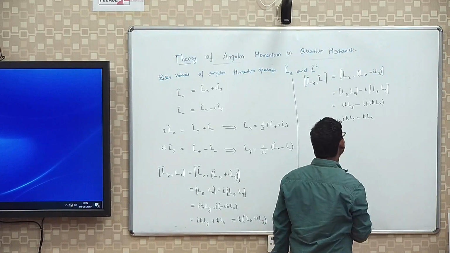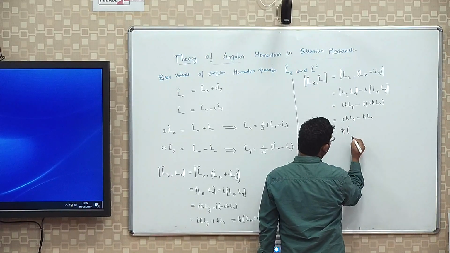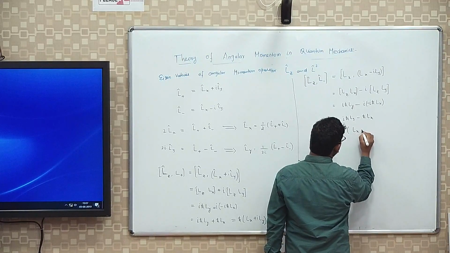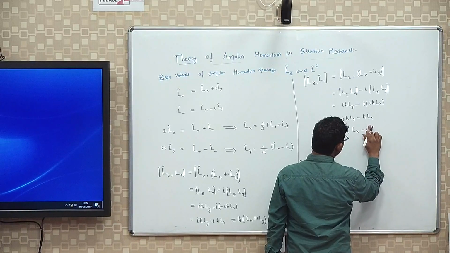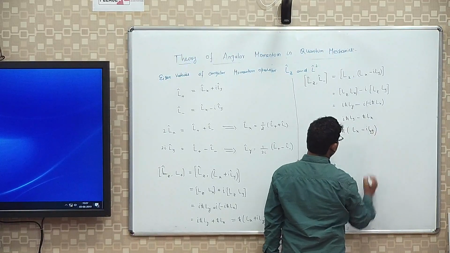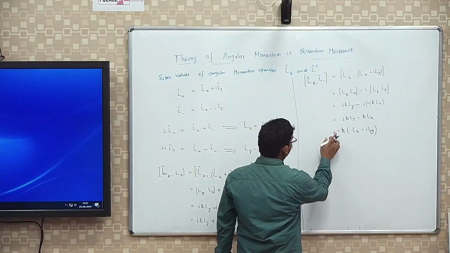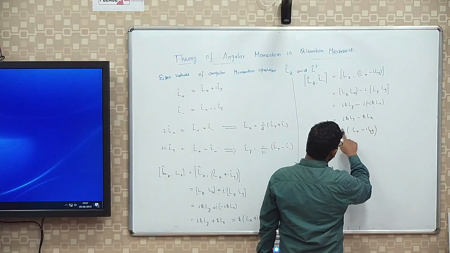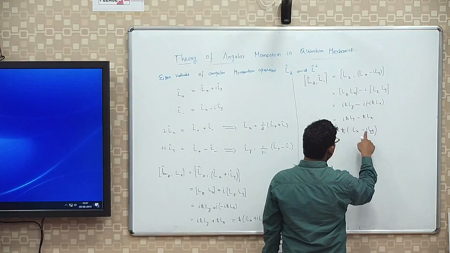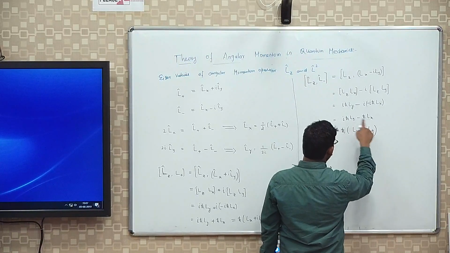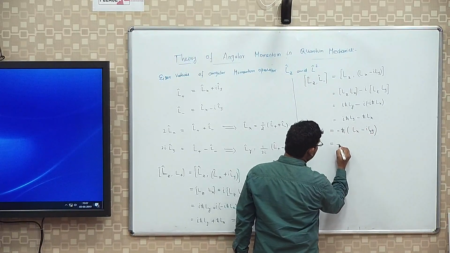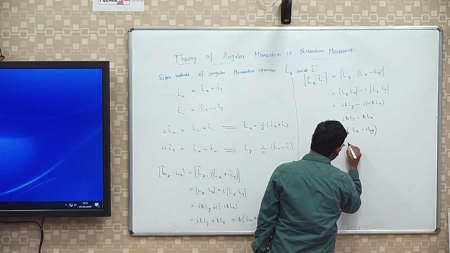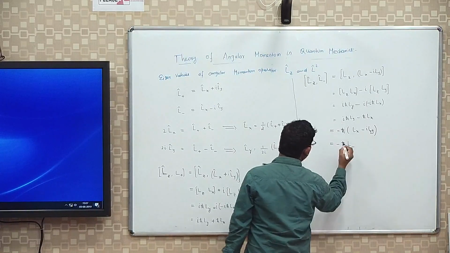Again, if you take minus h cross outside, then Lx minus i Ly. Minus into minus, plus i h cross Ly we are getting here, then minus h cross (Lx minus i Ly) is nothing but L minus, so write it L minus.